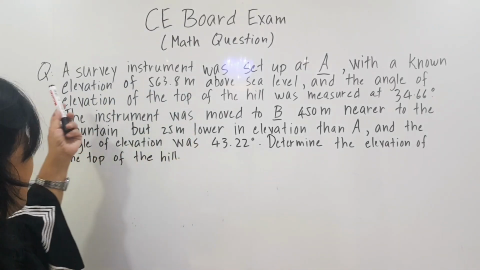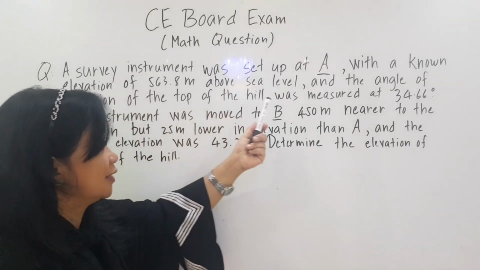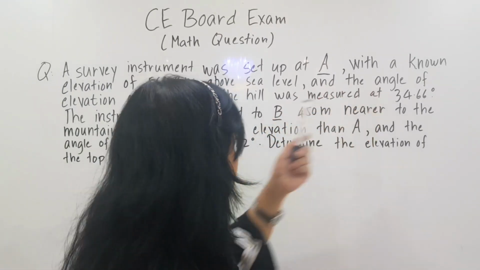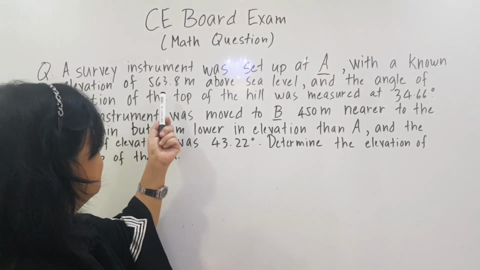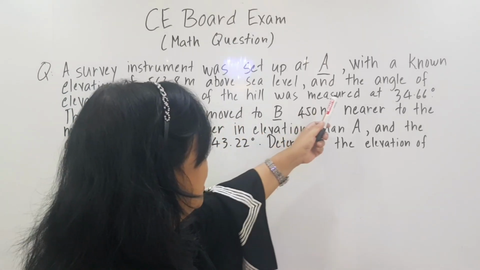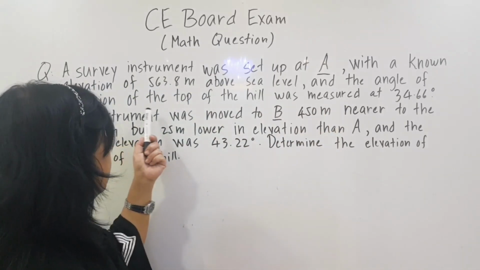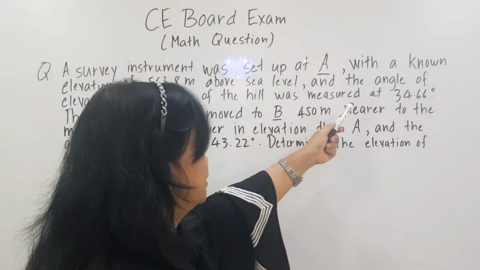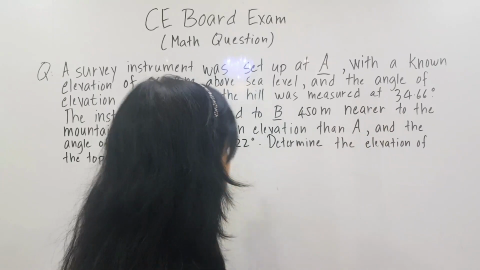Our question: a survey instrument was set up at A with a known elevation of 563.8 meters above sea level, and the angle of elevation of the top of the hill was measured at 34.66 degrees.